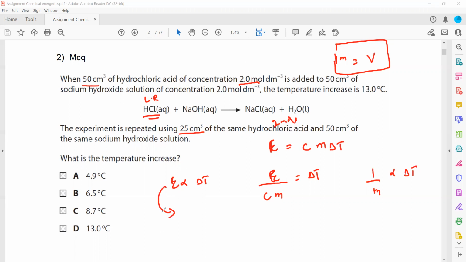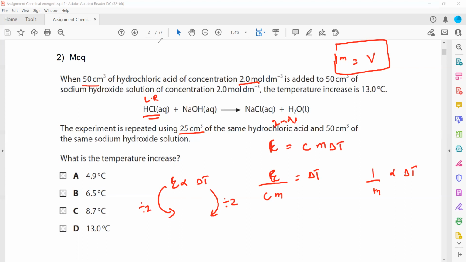As the moles become half, the energy release will also be half, and if energy release is half, the temperature change will also be divided by 2. So due to the change in mole number and energy, the temperature change is divided by 2.